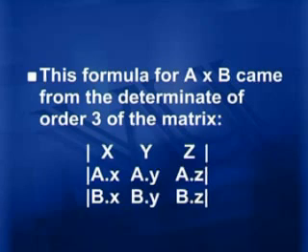We can explain it a little further. When we are talking about the cross product of the two vectors, we've got their x, y and z coordinates listed over here. When we are computing the x coordinate of the resulting vector, only this part of the matrix is taking care of this business, and we are doing cross multiplications. So this times this minus this times this, and that yields the x component.